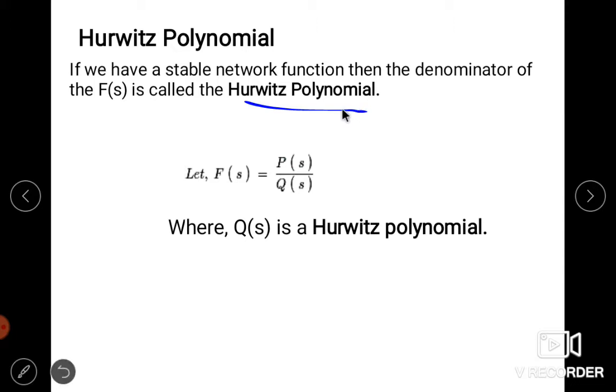Now Hurwitz polynomial means ps divided by qs function, where qs is the Hurwitz polynomial. We have some properties of the Hurwitz polynomial, and we have to check what those properties are to solve the problem by equating this equation.